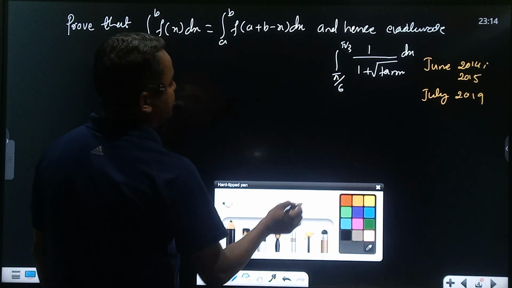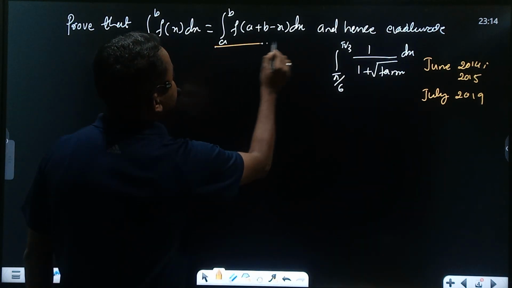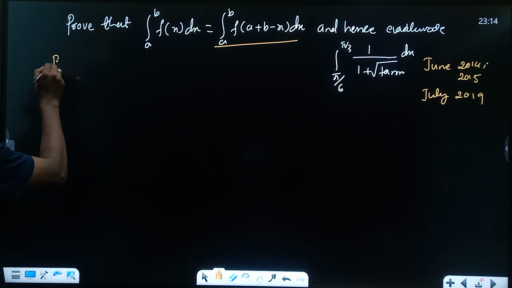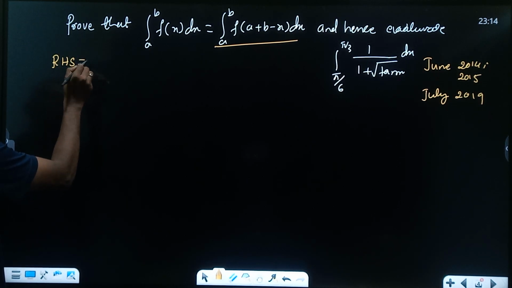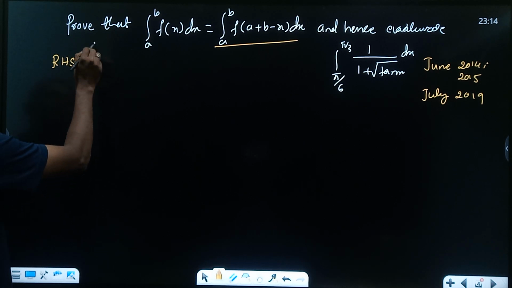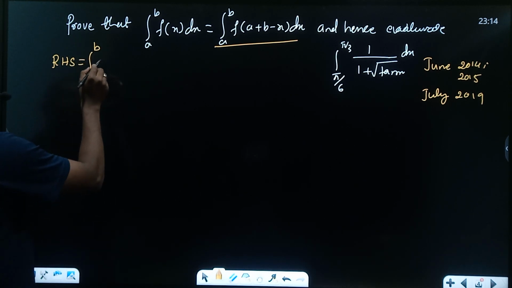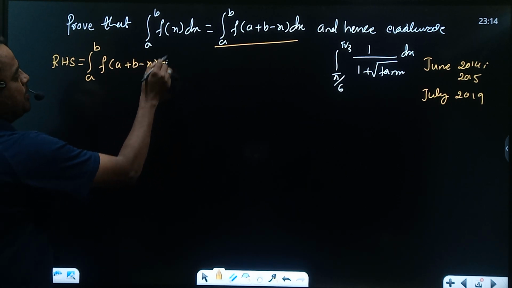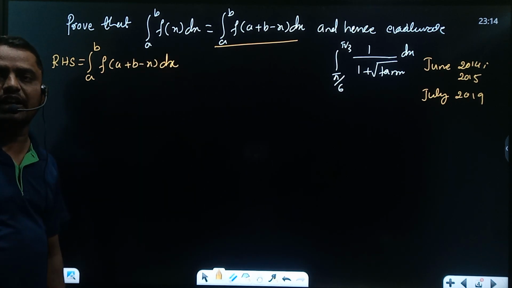See here, take first the RHS. For proving the property, take RHS first. What is the right hand side part? Integration of a to b f of (a plus b minus x) dx. So this is the RHS.